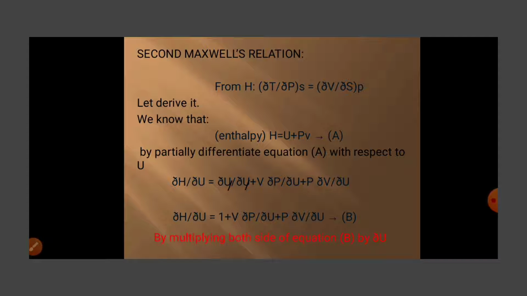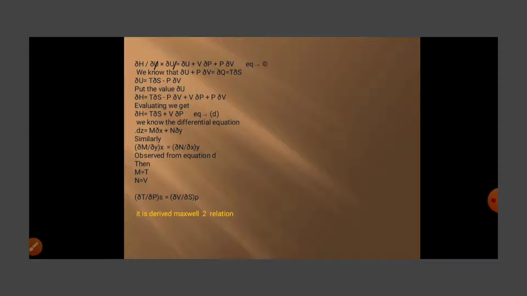After that we multiply both sides of equation B by ∂U. When we multiply both sides by ∂U, then (∂H/∂U) multiplied by ∂U equals ∂U plus V ∂P plus P ∂V. This is equation C. How was this equation made?